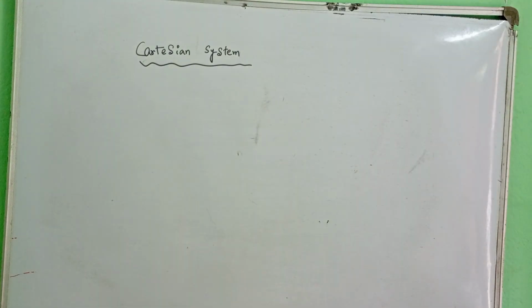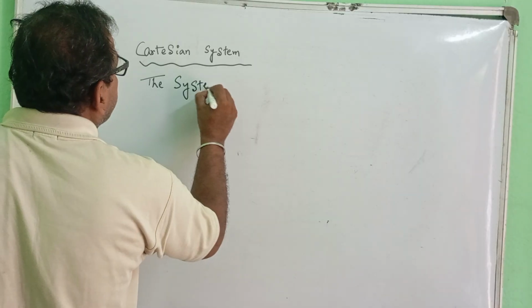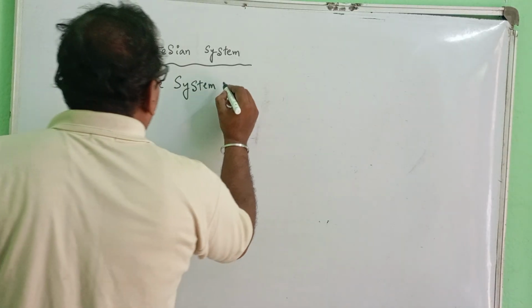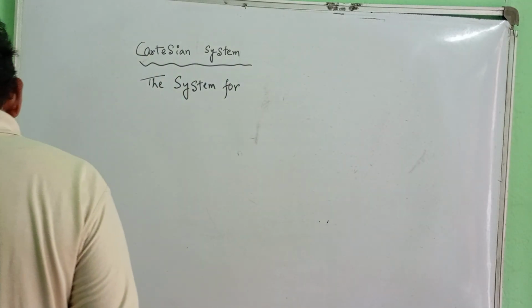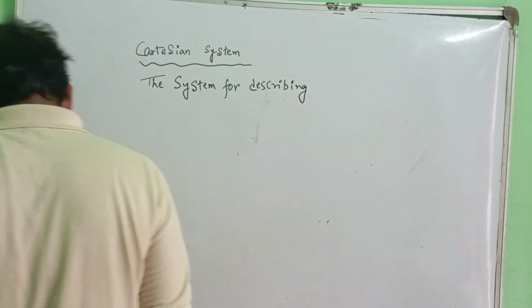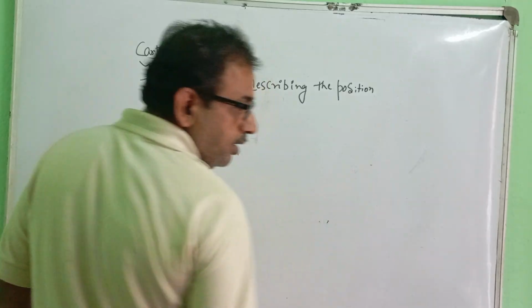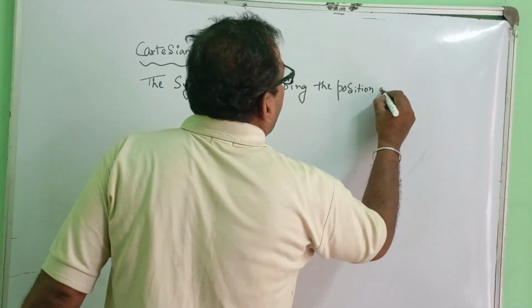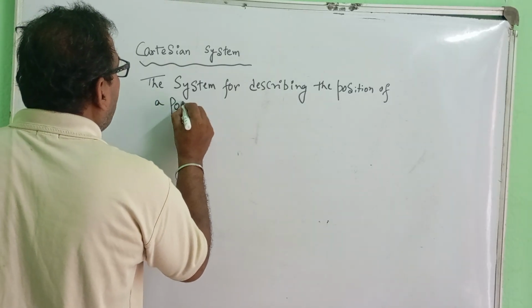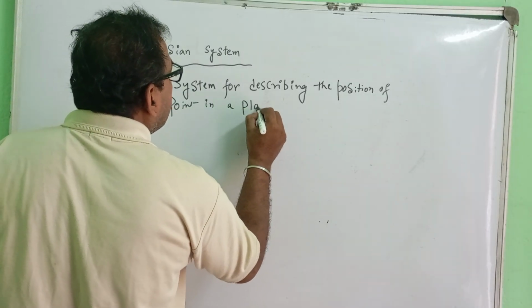Now the Cartesian system is the system for describing the position of a point in a plane.